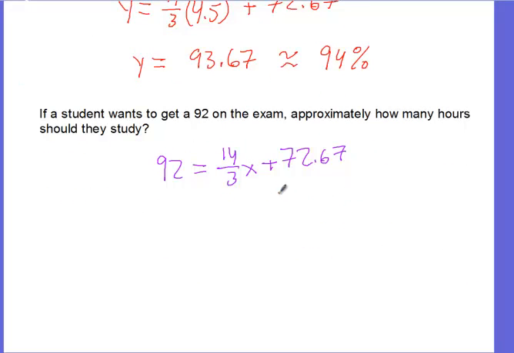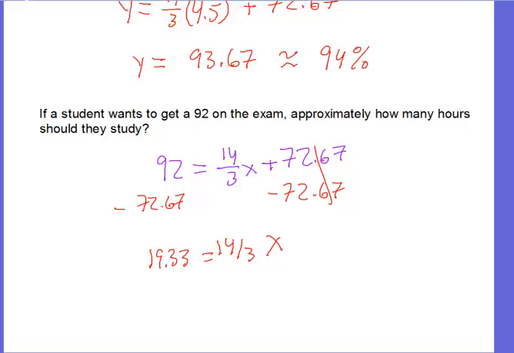We can subtract 72.67 from both sides. So we're going to get 92 minus 72.67 gives us 19.33 equals 14 thirds x.